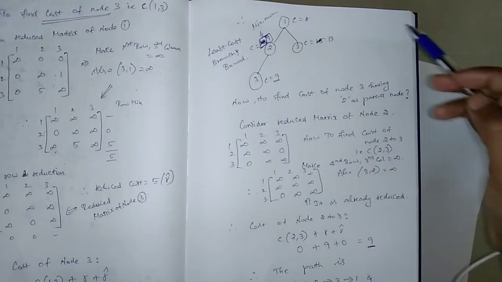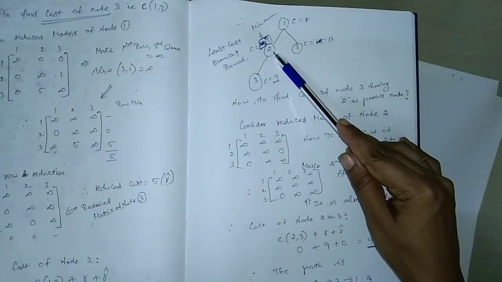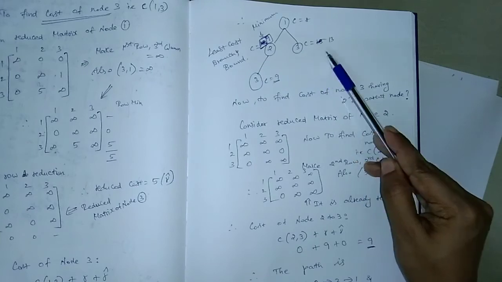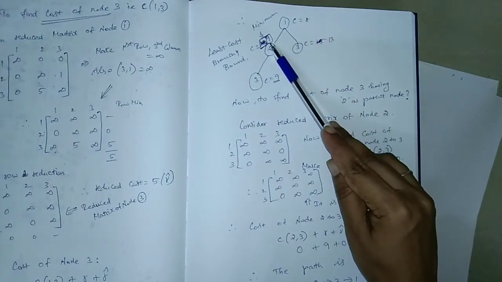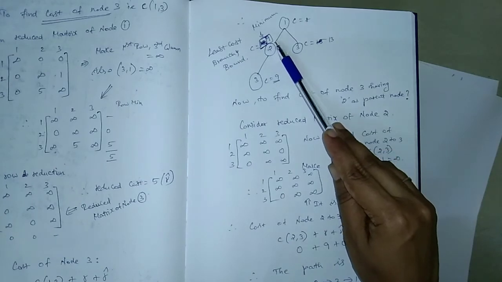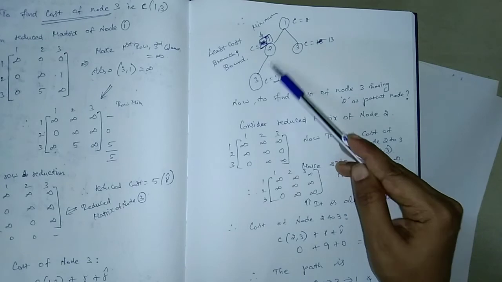So here we have calculated that the cost of node 1 is 8, the cost of node 2 is 9, the cost of node 3 is 13. Among 2 and 3, the least is 9. So this is my least cost node, and this should be branched out further.